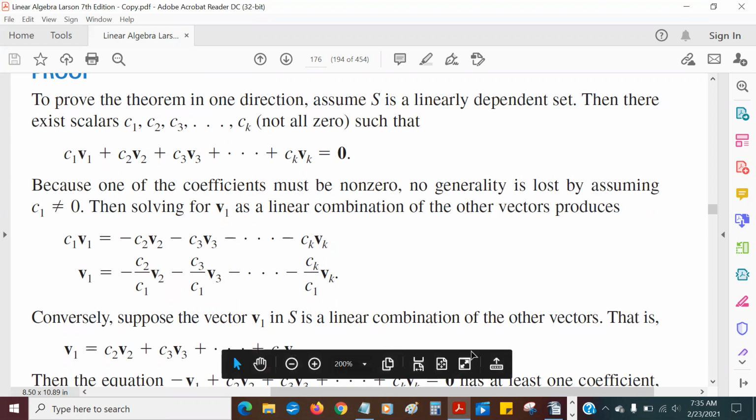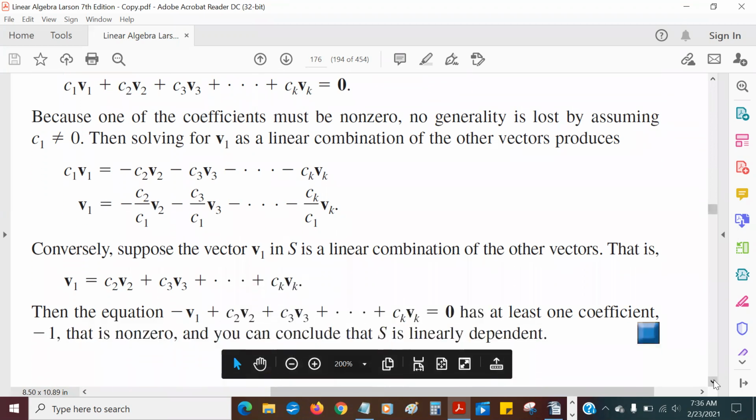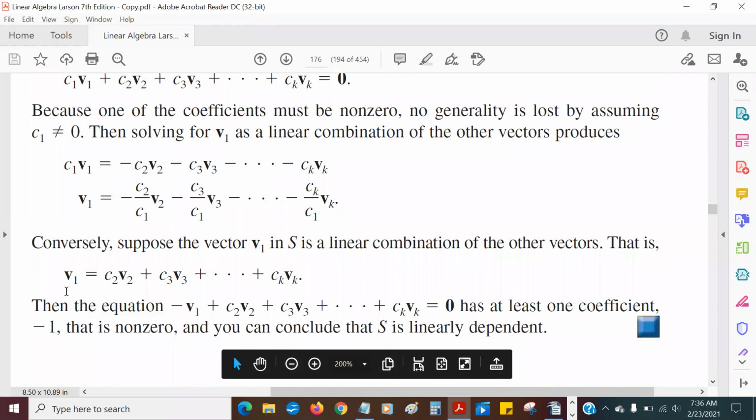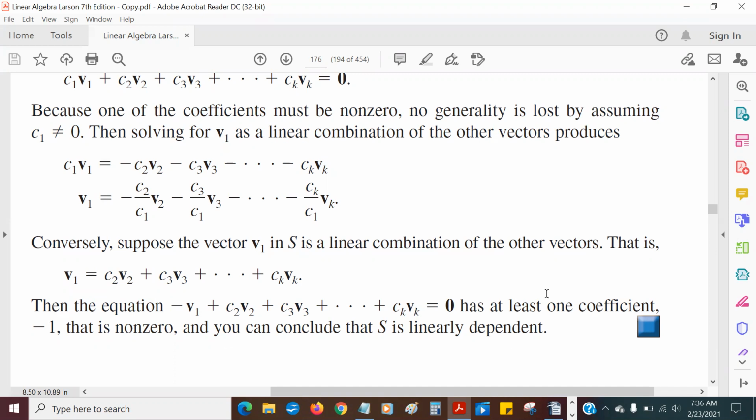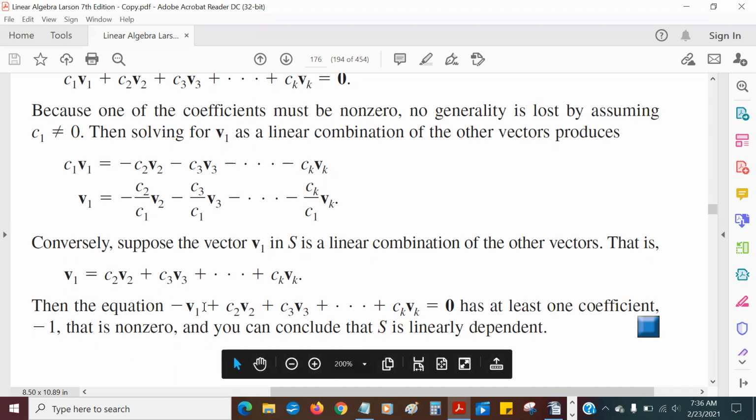Conversely, it's going to be more or less the same thing. If V1 is equal to a linear combination of other vectors, all I have to do is bring the vectors over to the other side. I get negative V1 plus all these other vectors equals 0. So I know there's at least one non-zero coefficient, which is -1 itself.